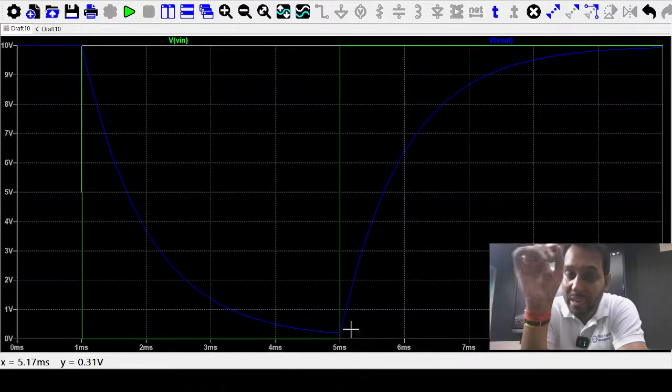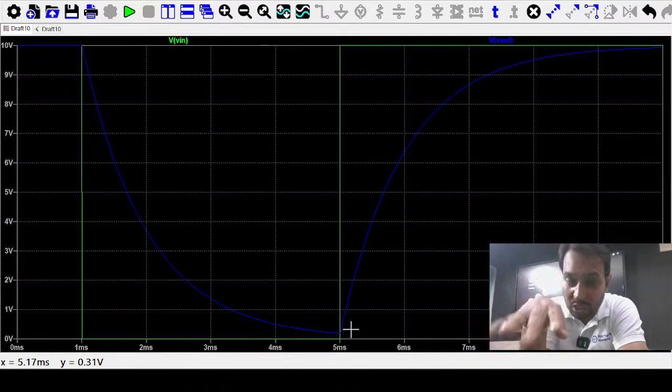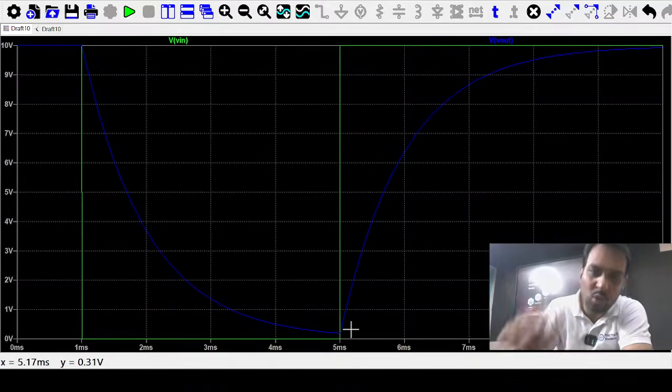So that's why the capacitor is not discharging fully. That's why I'm always saying that capacitor discharging depends on two things: one is tau, and the second is how much time you are giving to the circuit for the capacitor to discharge. The tau is 1 millisecond, but you are not giving sufficient time for discharging, so it does not discharge to 0 volt, it is less than that. It is nearly about 0.12, something like this.